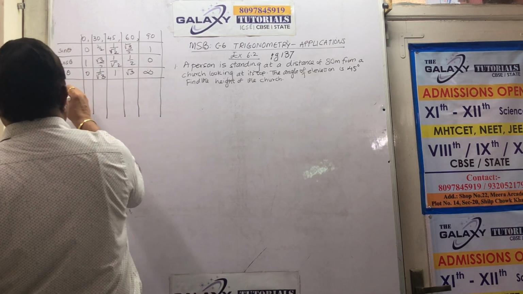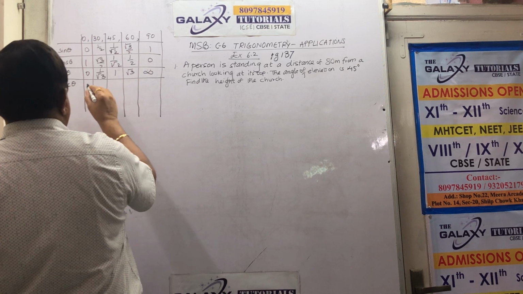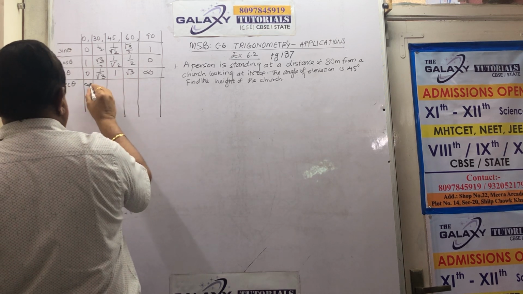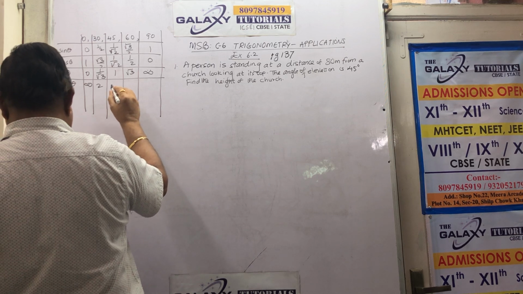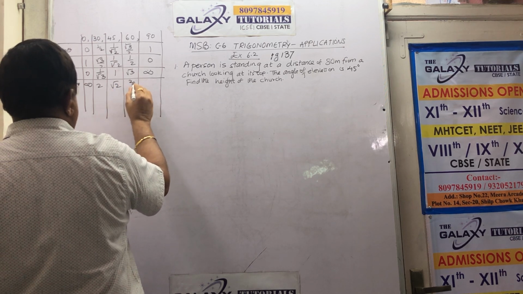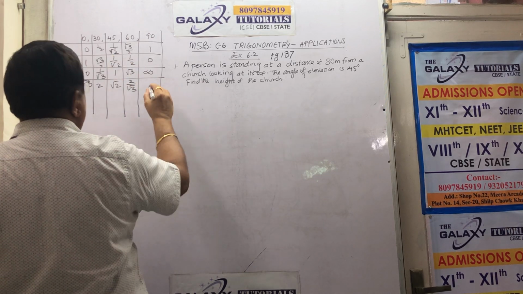Then I have cosec theta, which will not require much. It is the reverse, we will write undefined, then 2, then root 2, then 2 upon root 3, making the reciprocal of all these, and 1.